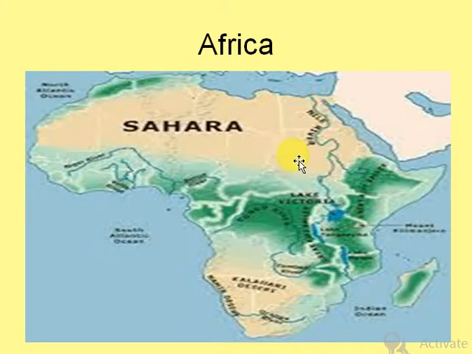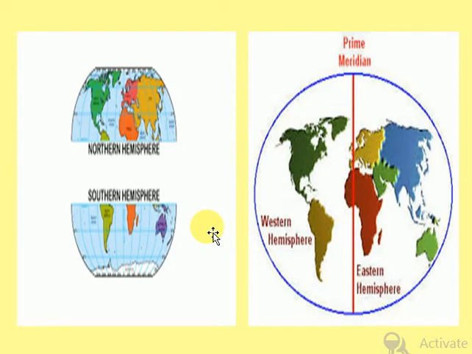Look at the map of Africa. So here is your Africa. This is here the line of equator. So it passes the middle of the continent.